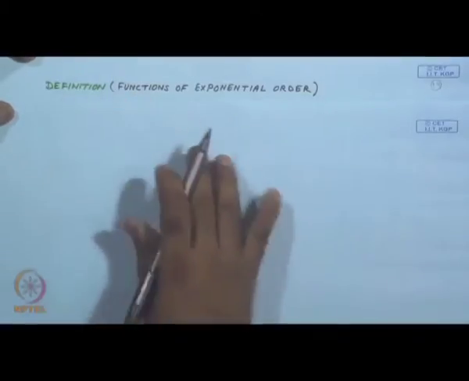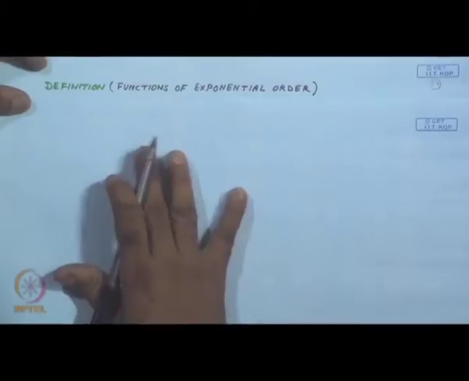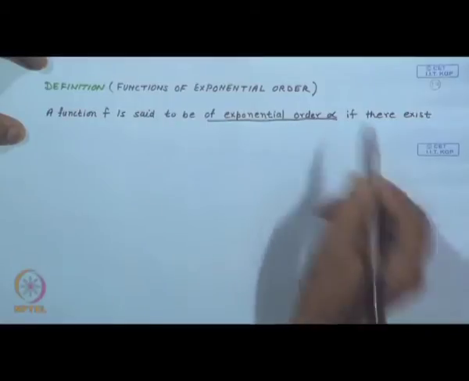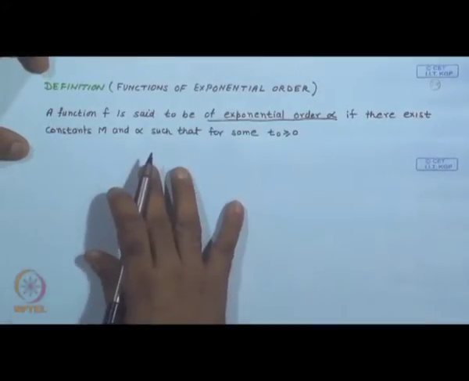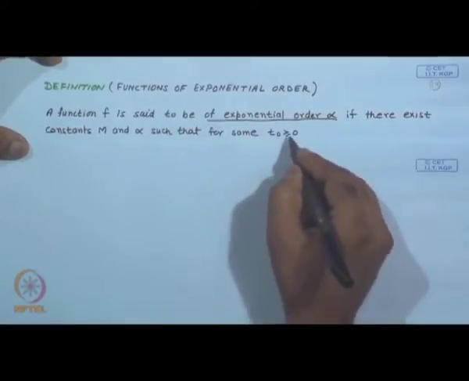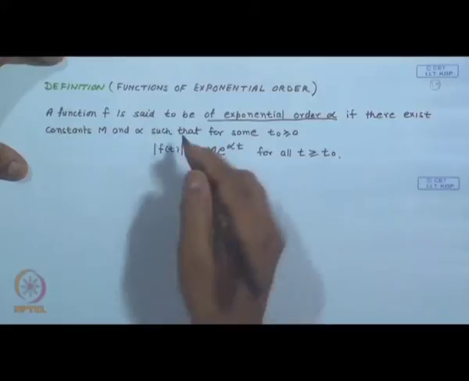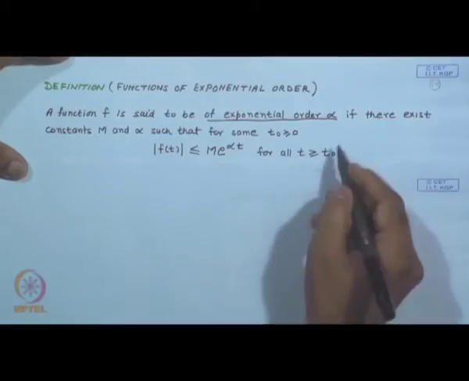Okay, so we go to the next definition, and that is the function of exponential order. What are these functions? A function is said to be of exponential order alpha if there exist constants M and alpha such that for some t naught greater than 0, this inequality holds: the absolute value of the function f(t) is bounded by this exponential function for all t greater than or equal to t naught.